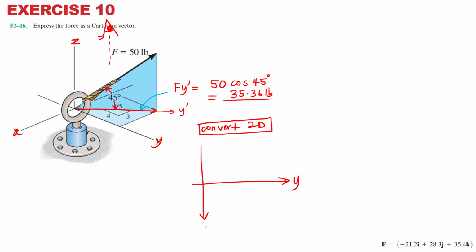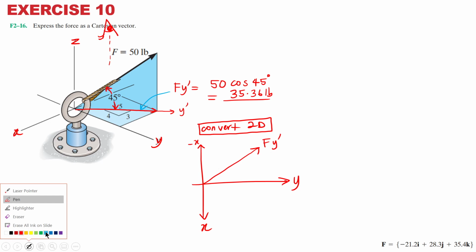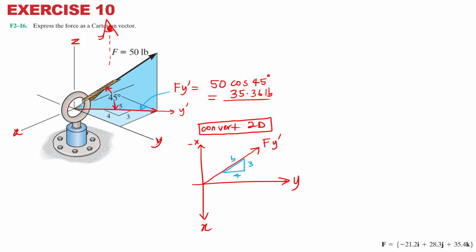This is definitely the x-axis. This is negative x. So this is actually Fy prime. Or how about the gradients? The gradients is going to be like this, 3, 4, 5. These are the gradients. 3, 4, 5. Fy prime already solved.